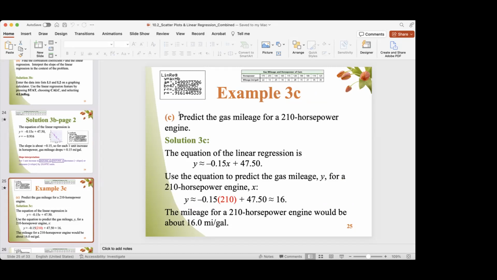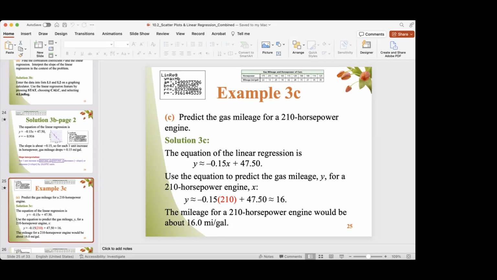Part C: predict the gas mileage for a 210 horsepower engine. We know that the horsepower was x for us, so I replace x with 210. You have negative 0.15 times 210 plus 47.5.